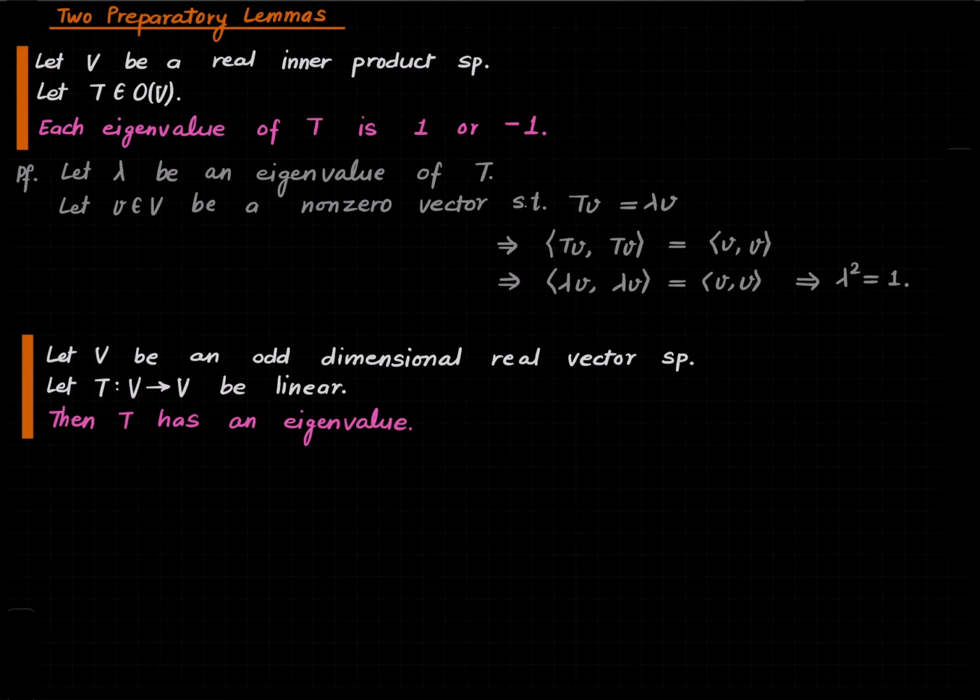So it will be an odd degree real polynomial and hence will have a real root. Any odd degree real polynomial has a real root. This is a very simple argument by the intermediate value theorem in real analysis. And any root of the characteristic polynomial is an eigenvalue. In fact, the eigenvalues are precisely the roots of the characteristic polynomial where you're taking roots in the base field. So that's a proof of it, but there are other proofs.